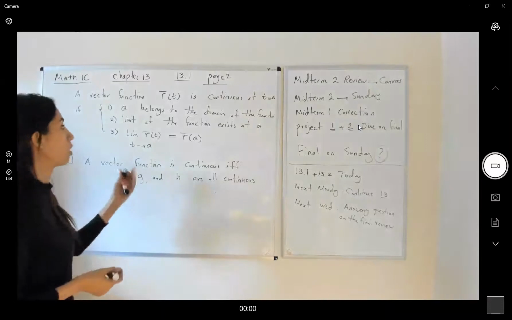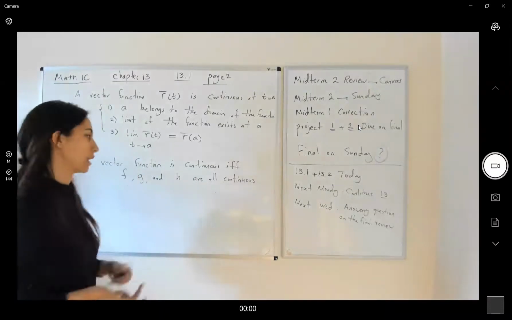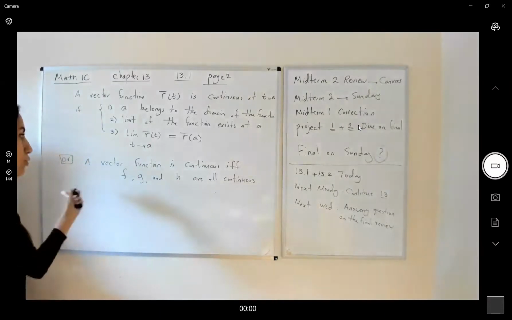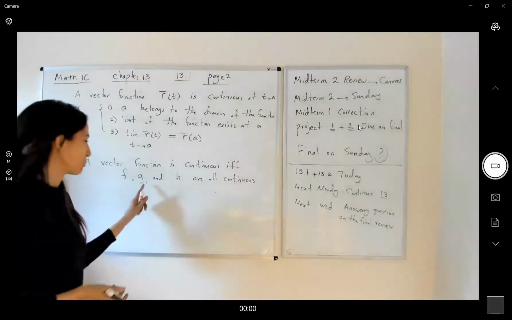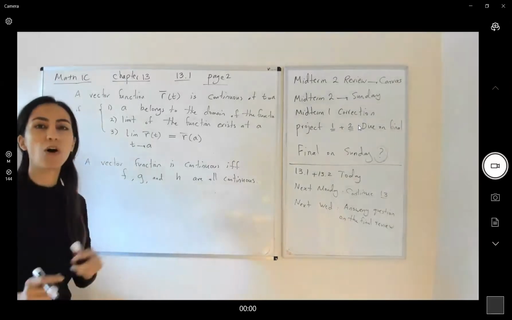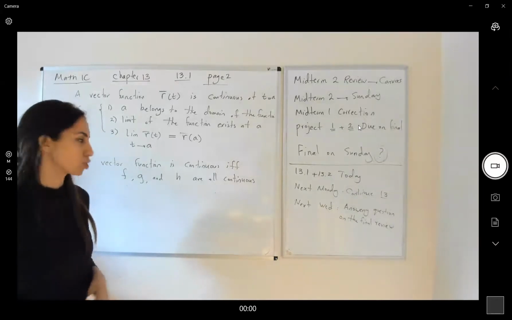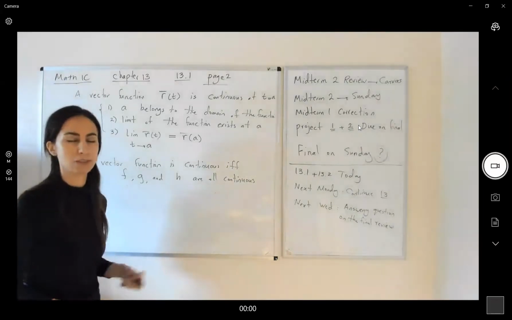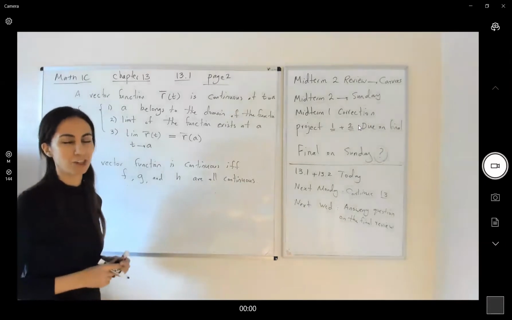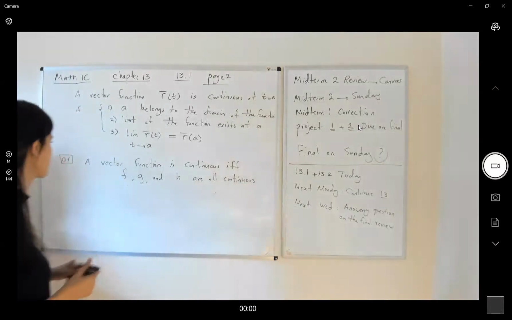So since r depends on f, g, and h, continuity of your vector function r depends on the continuity of all of these components together at the same time. So if one of them is discontinuous, you say that, hey, my vector function is discontinuous.